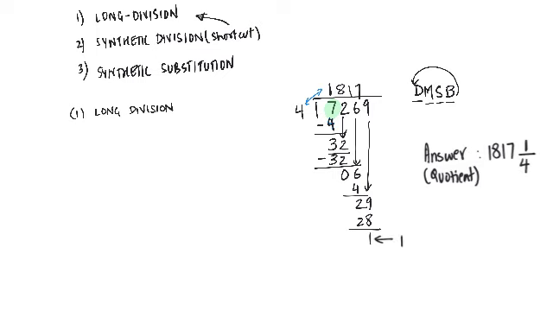So whatever remainder is left over, I take that and put it over the divisor. So I have up here the quotient, and the final answer will be 1,817 and 1/4.